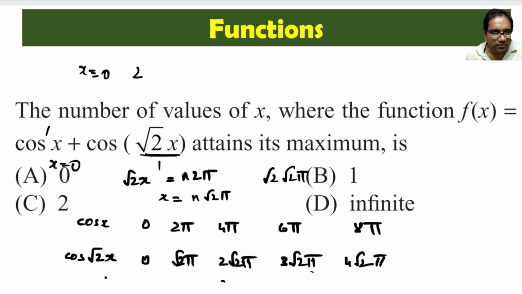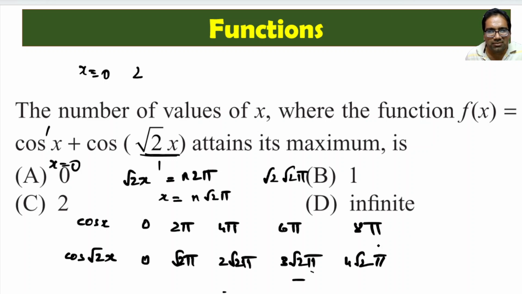For example, if we were getting something like 3π, 6π, 9π, then there is a chance of coincidence. But here in both cases, one is a multiple of even integers, the other is a multiple of irrational numbers. So these cycles will never attain their maximum at the same place.